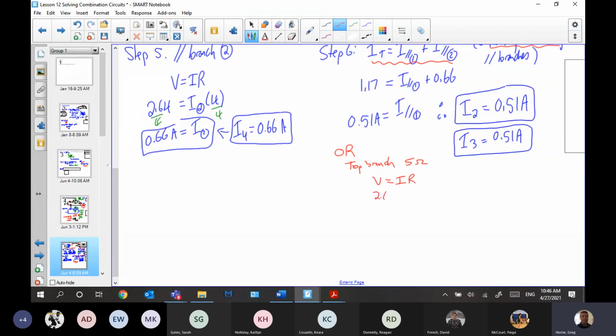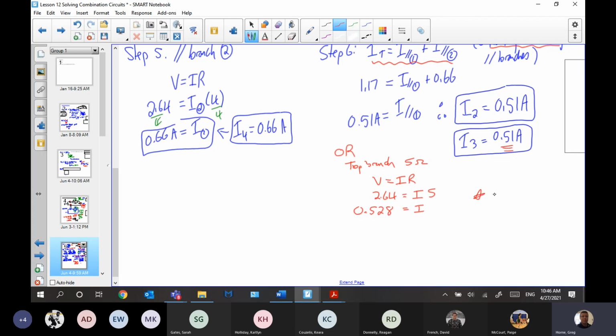We'd have the 2.64 volts, we'd have the current through it that we don't know, and we'd have the resistance of 5. And so we could divide out that 5, and 2.64 divided by 5 is going to give us that same 0.5 something. And truthfully, what I'm getting here is 0.528, and I got 0.51 before.